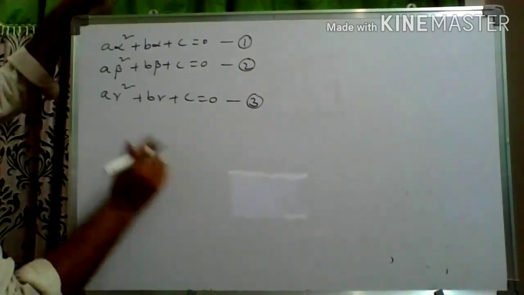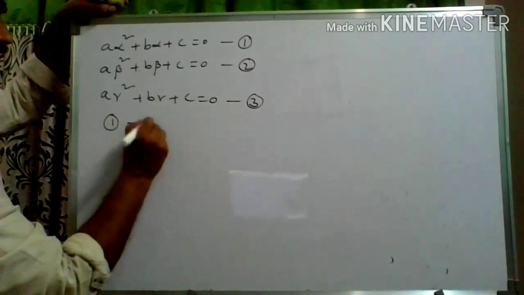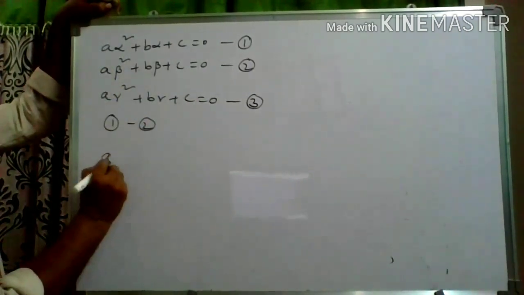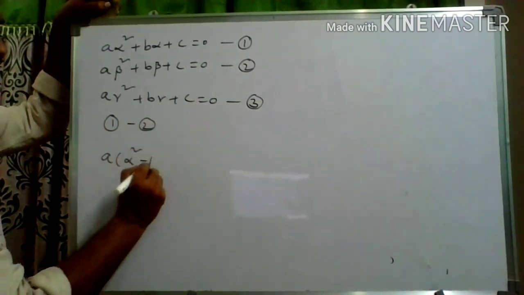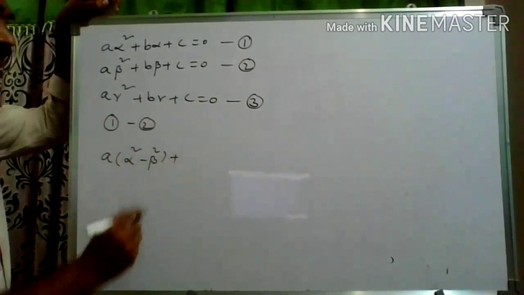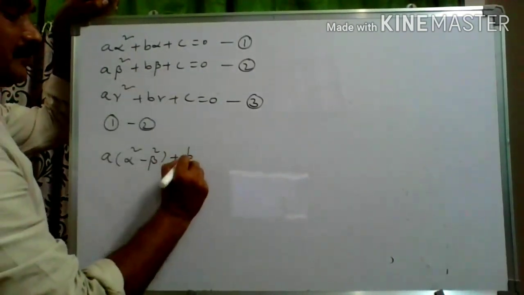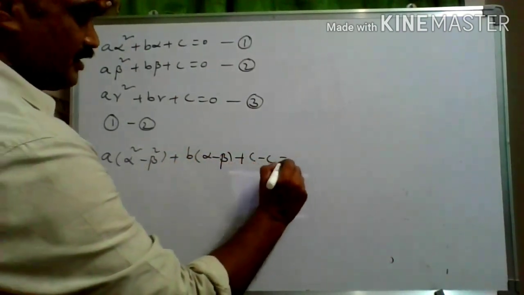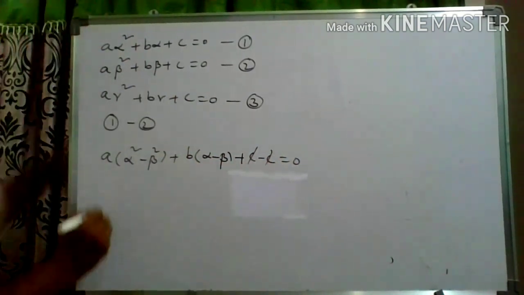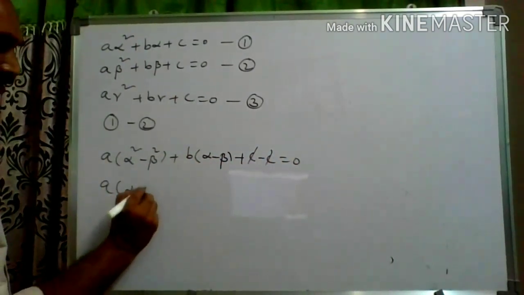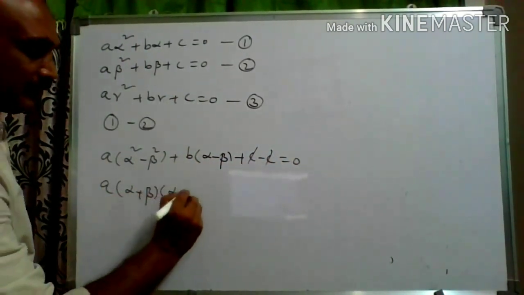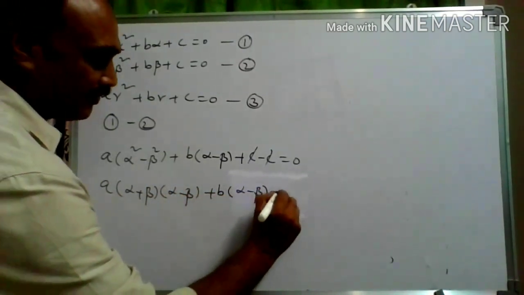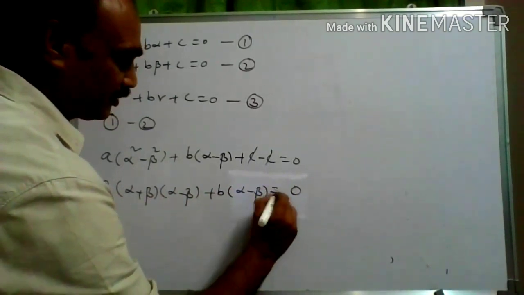Students, next, equation 1 minus equation number 2. a alpha square minus a beta square, a common, a into alpha square minus beta square, b alpha minus b beta, b into alpha minus beta, plus c minus c is equal to 0. Students, a into alpha square minus beta square, alpha plus beta into alpha minus beta, plus b into alpha minus beta is equal to 0.